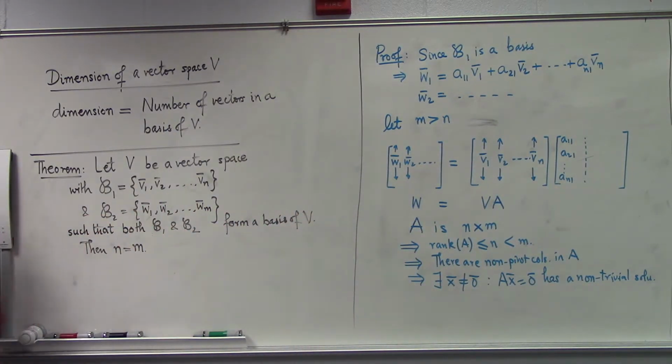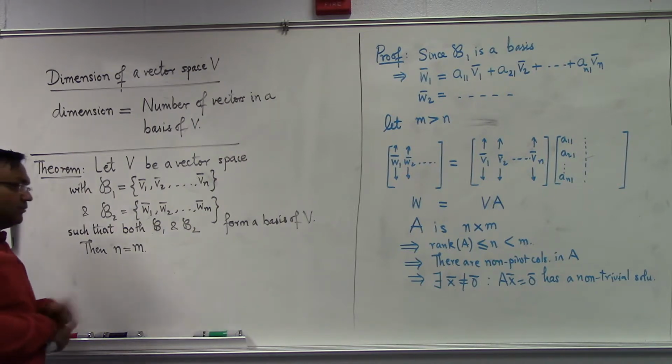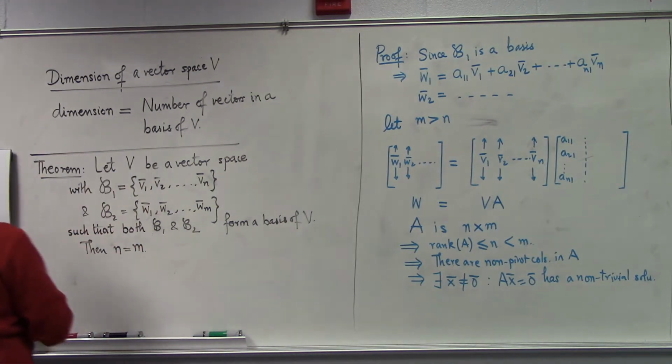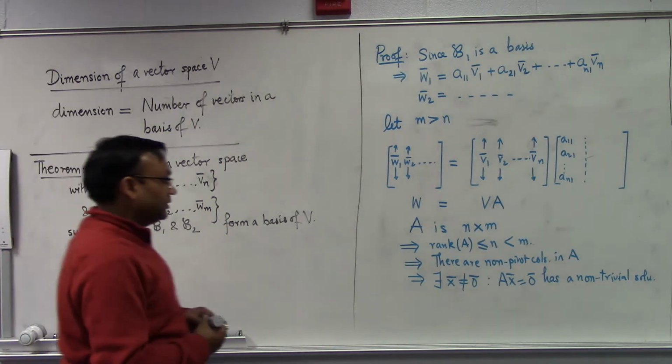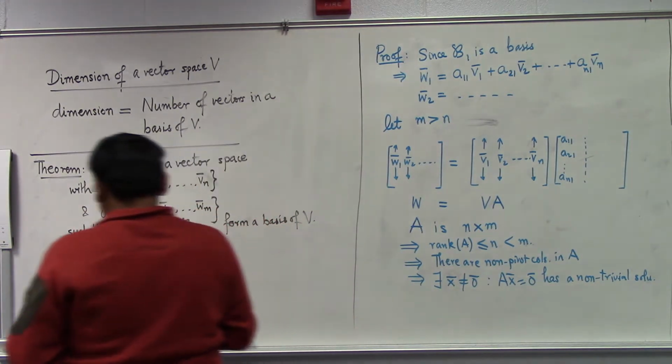Because of the presence of non-pivot columns, or you can say columns which are dependent on the pivot columns, there will exist a non-zero solution to that homogeneous system. What does this tell you? Well, instead of giving you the sketch, I'm giving you the entire proof now.